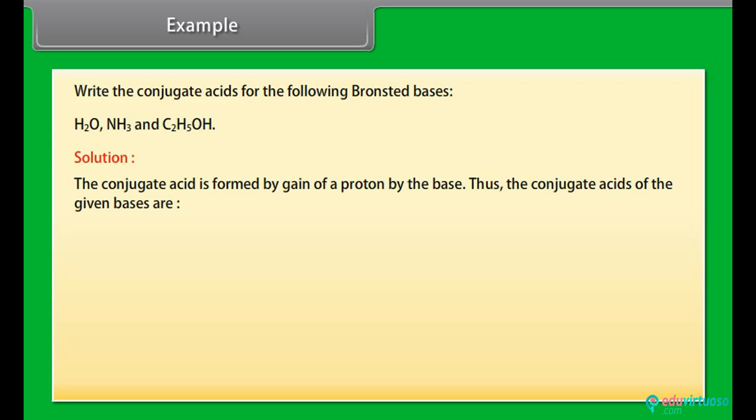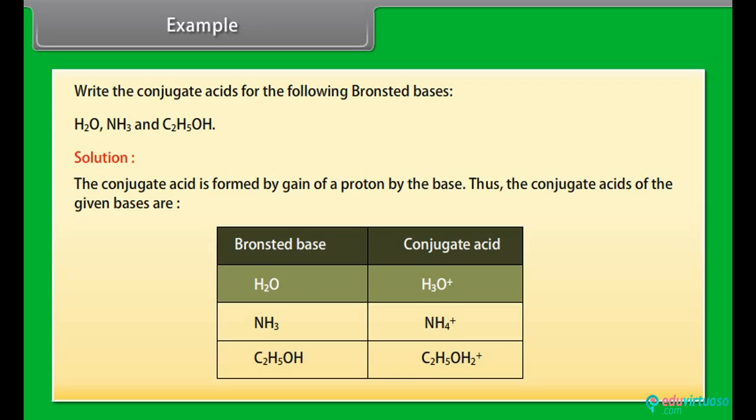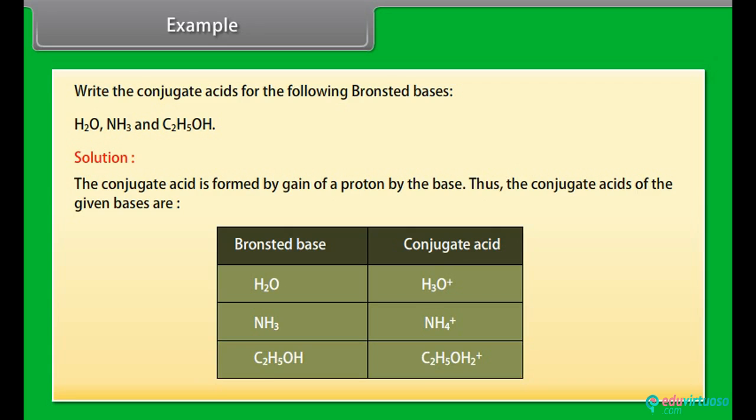Thus, the conjugate acids of the given bases are: for H2O, conjugate acid is H3O+. For NH3, conjugate acid is NH4+. For C2H5OH, conjugate acid is C2H5OH2+.